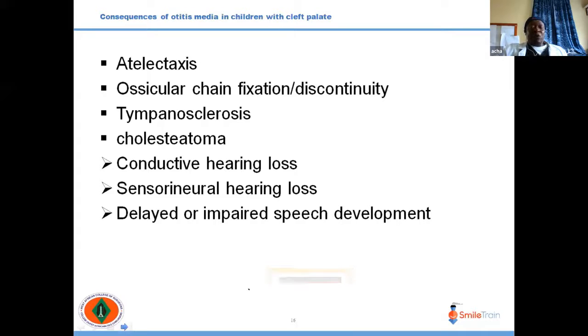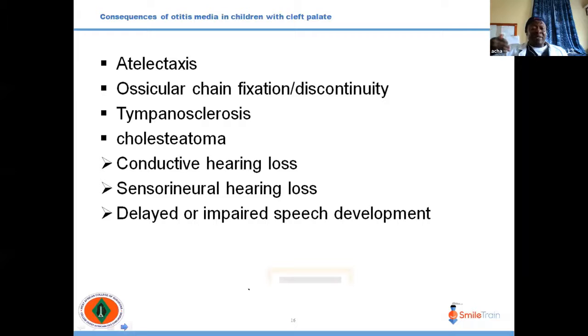Like I've said before, 90% of children with cleft palate will have otitis media within the first year of their life. And if that is not properly managed, 50% of them will go ahead to have some form of conductive hearing loss. So it is very important that when we see these children, we make an effort so that they can be assessed by the ENT surgeon so that acute or recurrent ear infection can be treated.